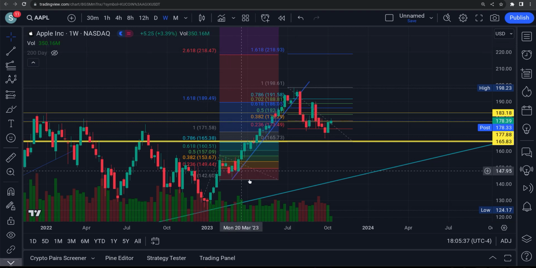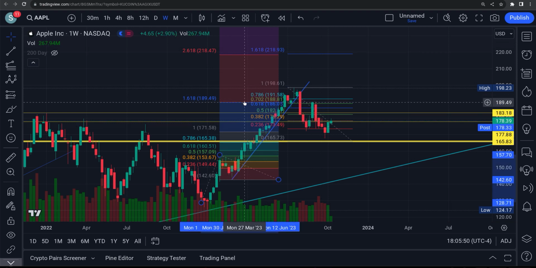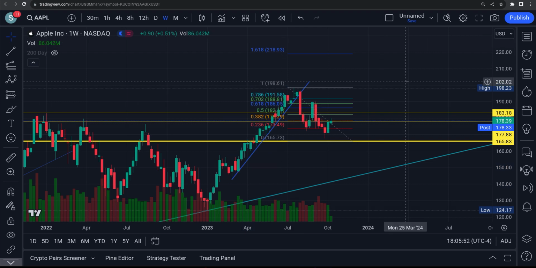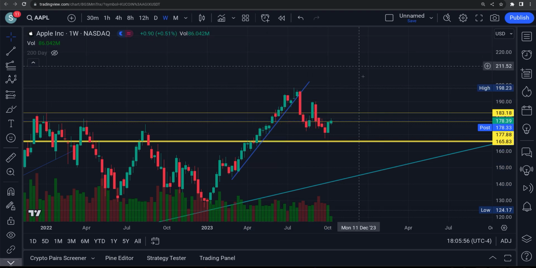This 1, 2, this third wave is what is screwing this trend-based fib up. This third wave ended up being a lot longer than your fourth wave pullback. That gave a top here of 189, but it definitely wasn't a fifth wave, but it's pretty close. They're pretty close together. They're giving a target up around the 218, 220.